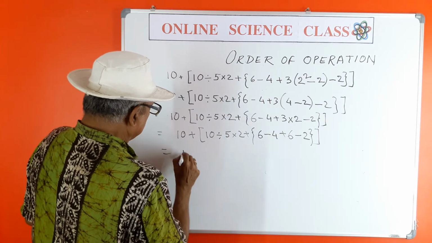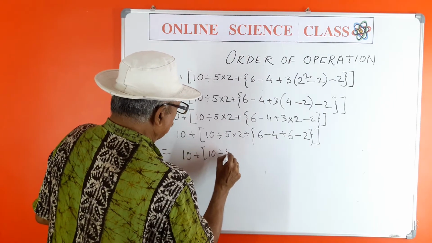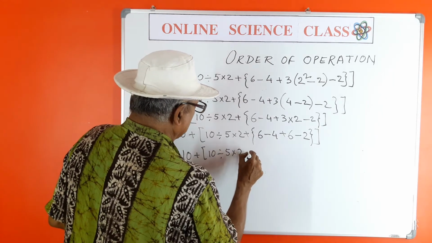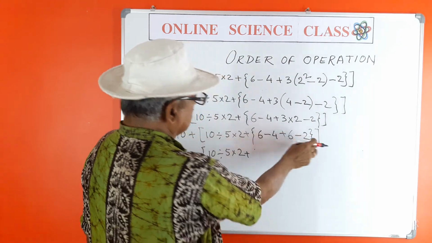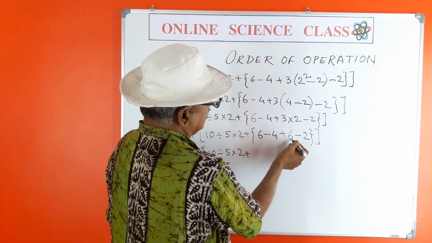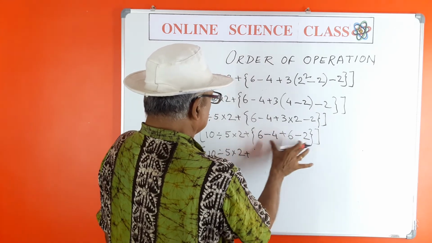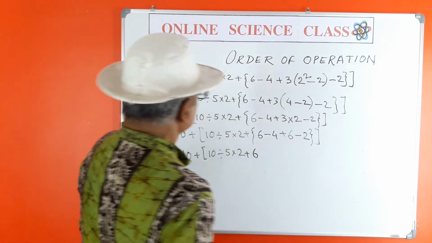Now this step 10 plus, as it is, 10 divided by 5 multiplied by 2 plus, here it is addition and subtraction. So 6 minus 4, that is 2 plus 6, 8 minus 2, that is 6. So this is coming as 6.